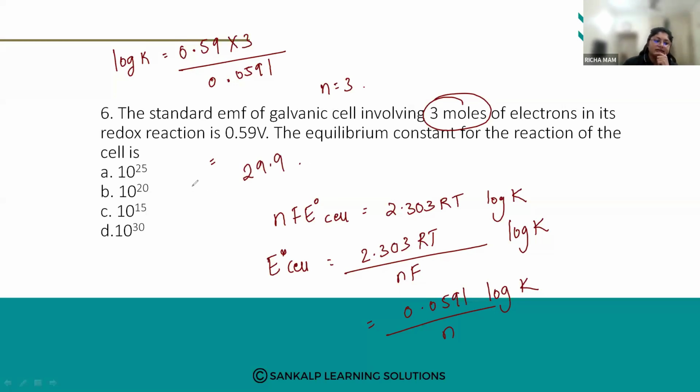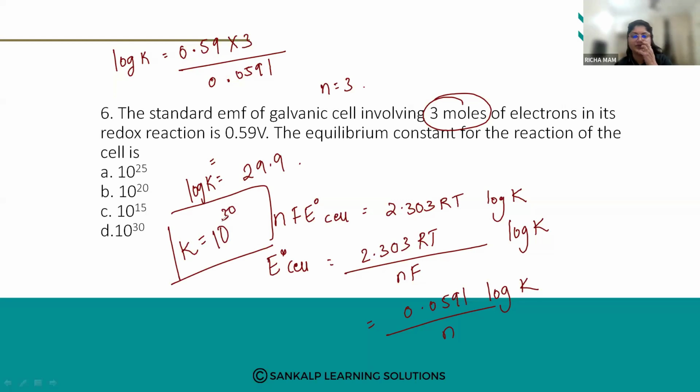That is your log of K. Now you have to take the anti-log of this 29.9. It will be 10 raised to 30. If you find the anti-log, you are going to get 10 raised to 30. Yes, very good.